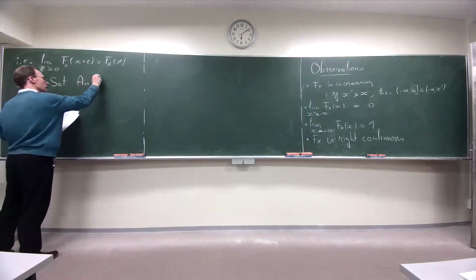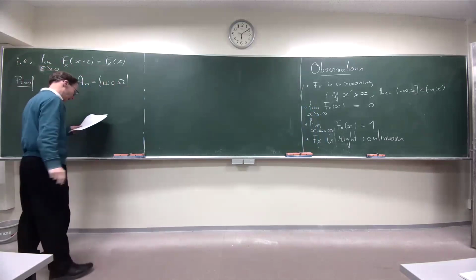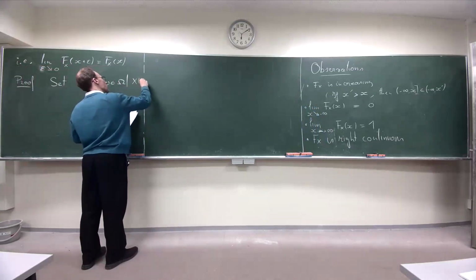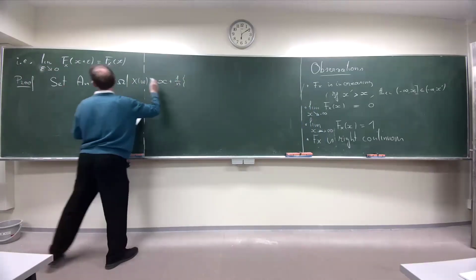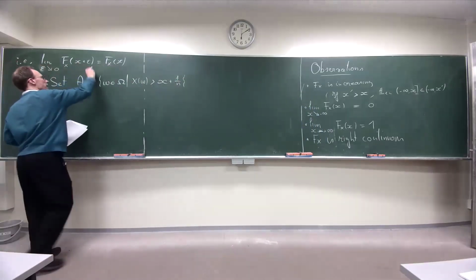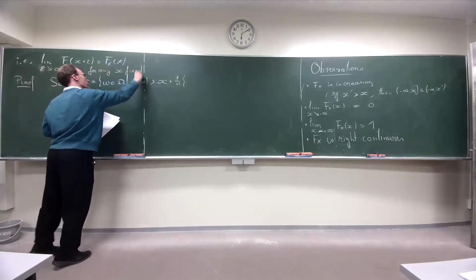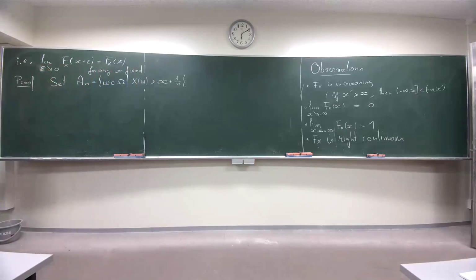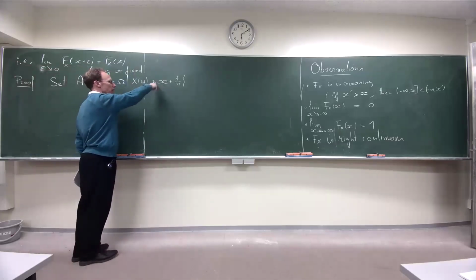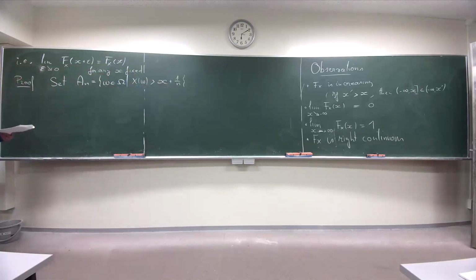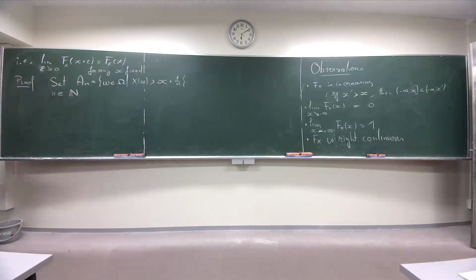Set A_n is the set of omega such that, with x fixed, for any x fixed, the function X takes a value bigger than x plus 1 over n, where n is an integer, not 0.